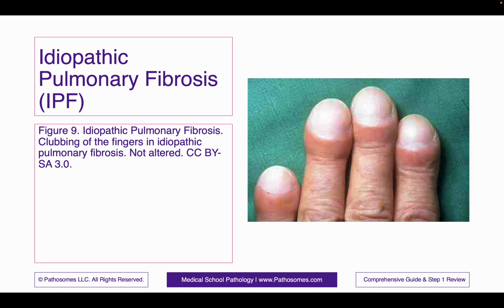Some congenital cardiac defect like truncus arteriosus or something like that. Other causes of this actually include celiac disease, and you might even see it with different lung disorders, right? So keep in mind digital clubbing.